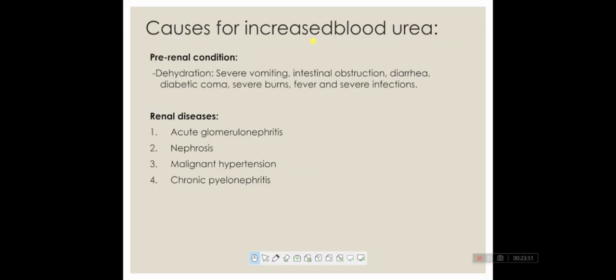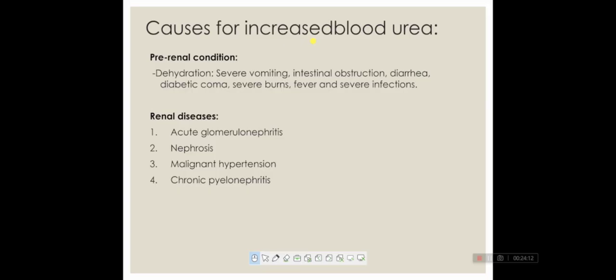Now, what are the causes for increased blood urea? There may be prerenal conditions and renal conditions in which the blood urea may be increased. The reason may be dehydration, in case of severe vomiting, diarrhea, diabetic coma, severe burns, or severe infection.